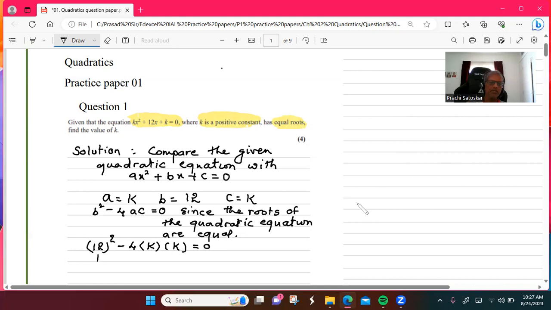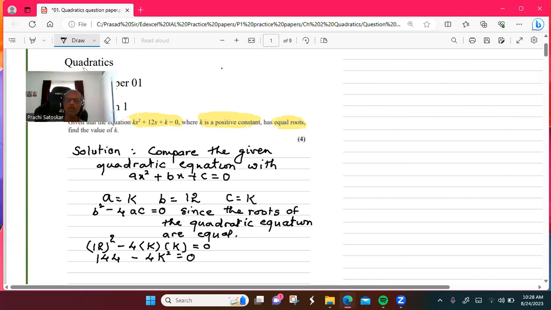So 12 square, that is 144, minus 4 times k into k, is k square, is equal to 0, which gives 4k square is equal to 144, or that is k square is equal to 144 divided by 4.